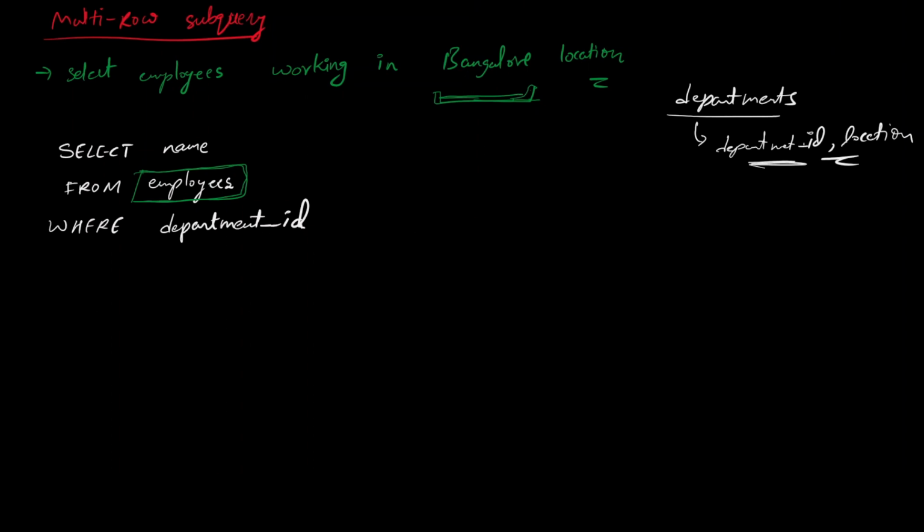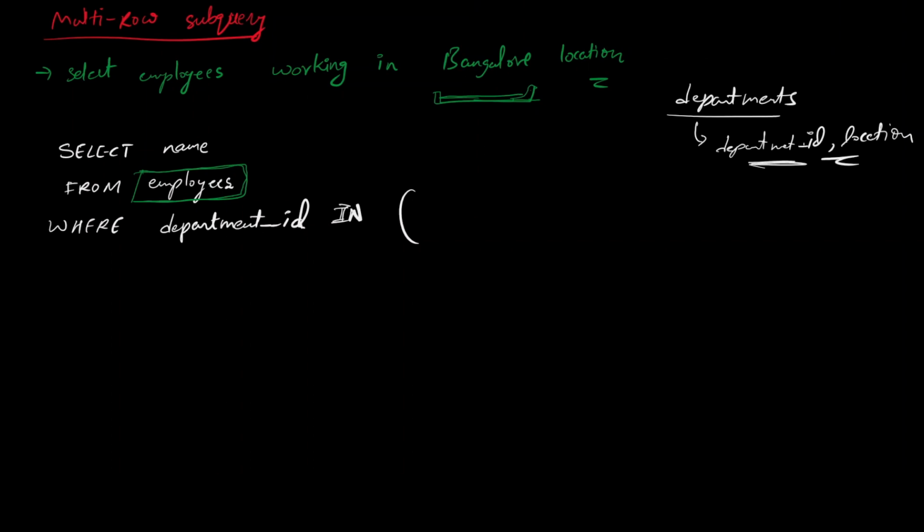By doing that, we can find all the employees who are working in Bangalore. In this case, we will use the departments table inside our subquery. So we will use the IN function to find out all the department IDs where the location is equal to Bangalore.